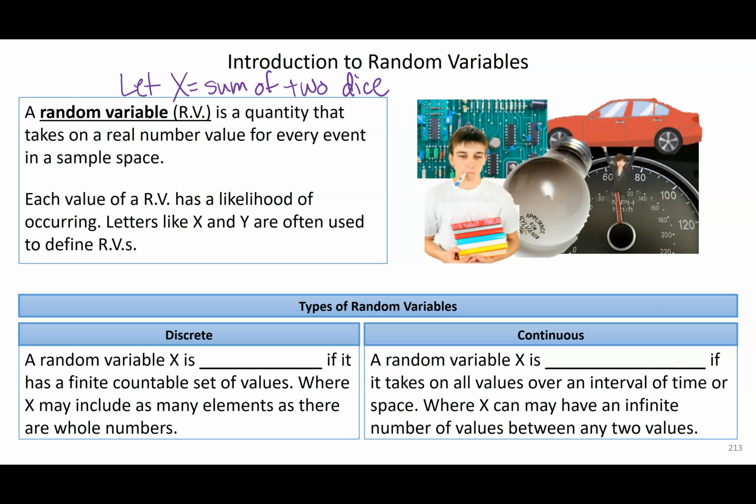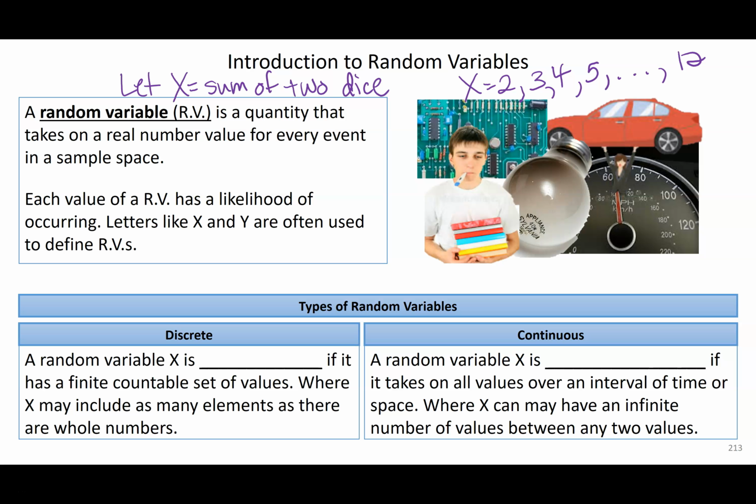So I'm still looking at the six-sided dice. X could equal 2, it could equal 3, 4, 5, and so on, all the way up to 12.